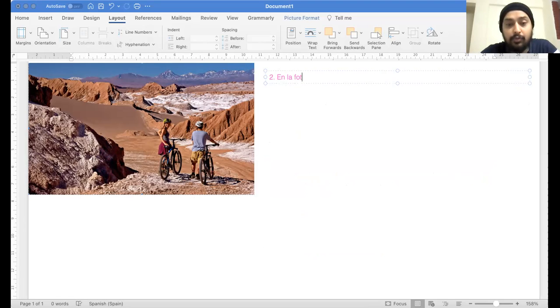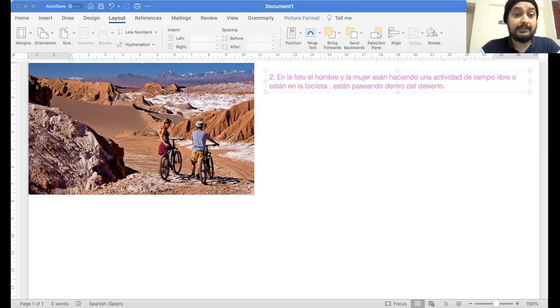En la foto, el hombre y la mujer están haciendo una actividad de tiempo libre. ¿No? Están en la bicicleta, están paseando dentro del desierto.